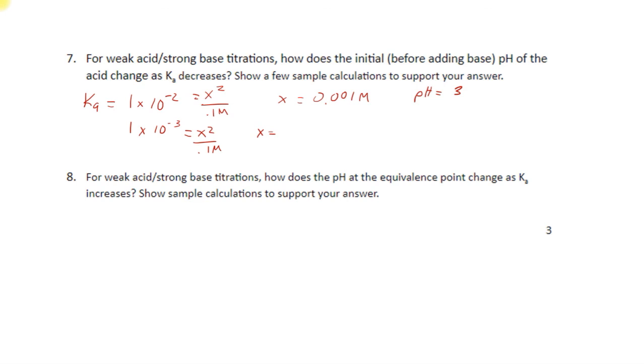So x is 0.01 molar. So the pH is going to be the negative log of 0.01, which is 2. So we decreased Ka here, and pH went down. Think about that.